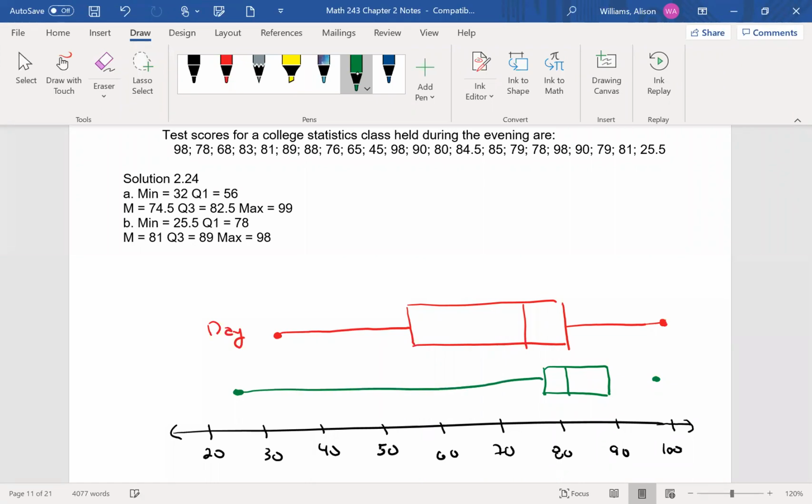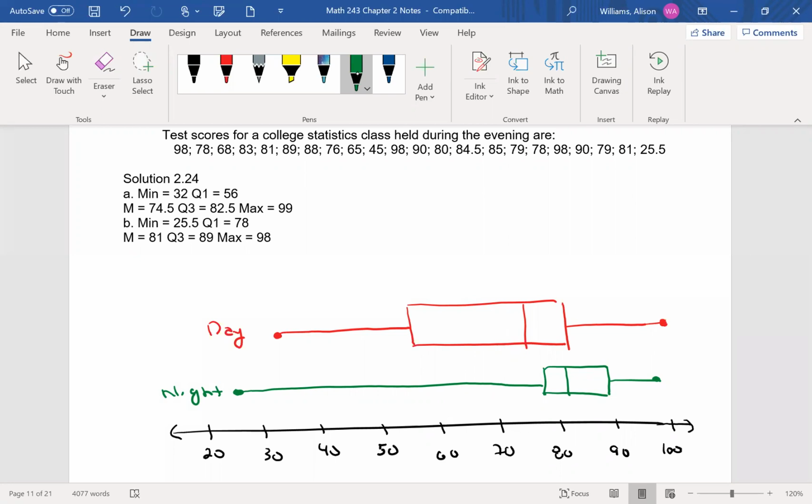All right, so here we go. This is the night class, and it gives me a great opportunity to compare the data here. I can see they're both skewed left, meaning that there are people who scored relatively low on the exam compared to everybody else.